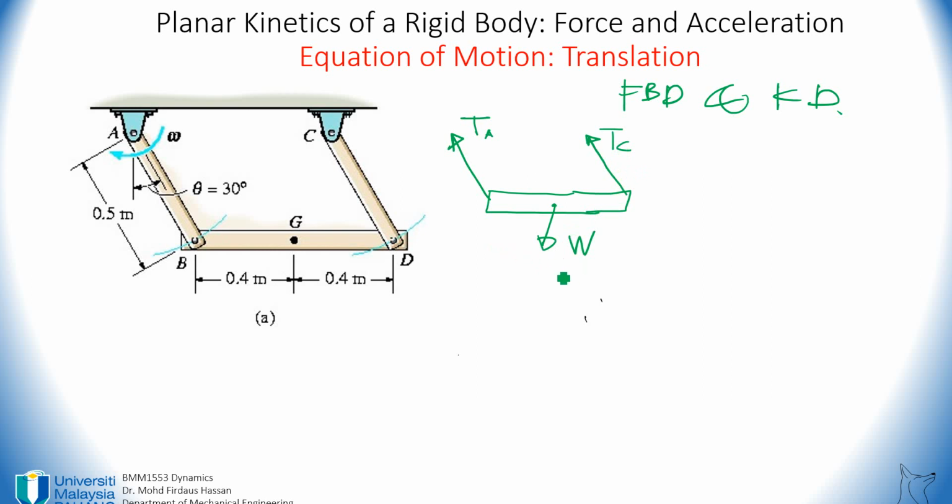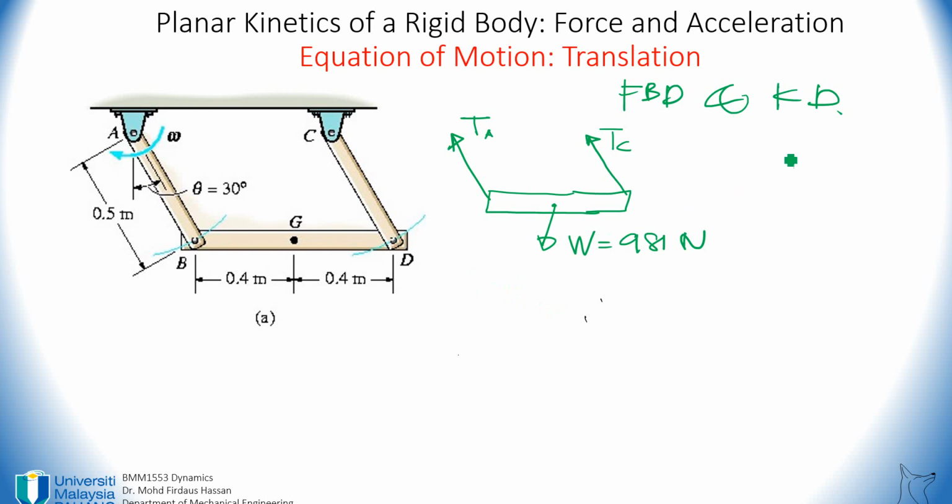The mass is 100 kilograms, so W is 981 Newton.